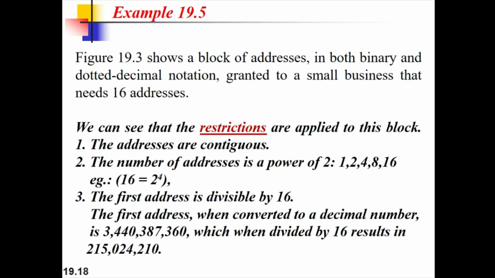Okay, an example here. This shows a block of addresses in both binary and dotted decimal notation granted to a small business that needs 16 addresses. We can see that the restriction applied to this block is that it only needs 16 addresses.